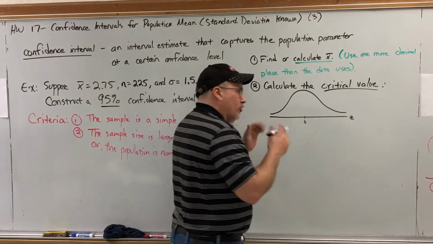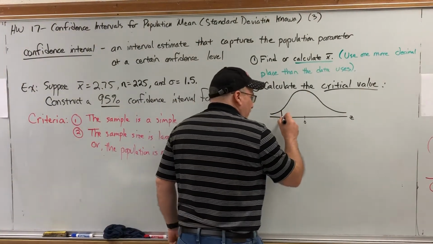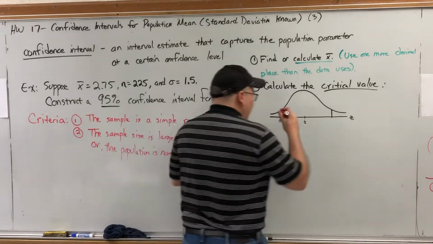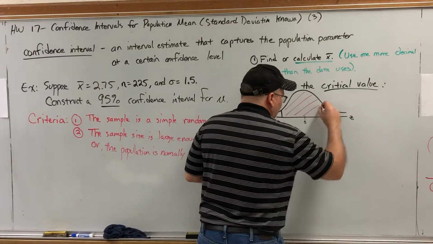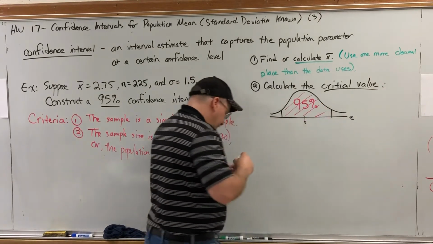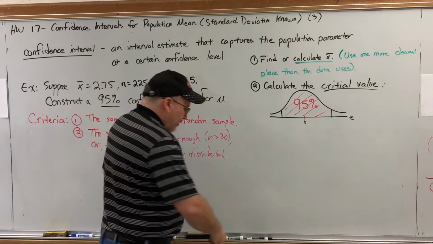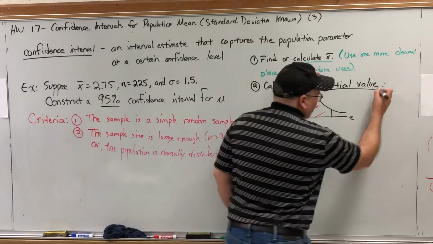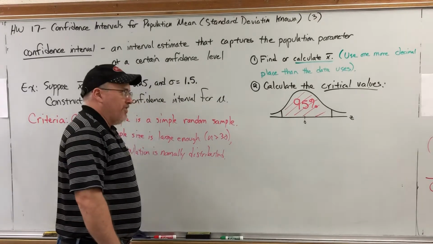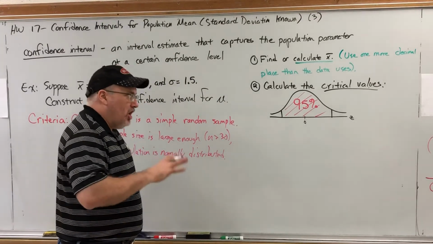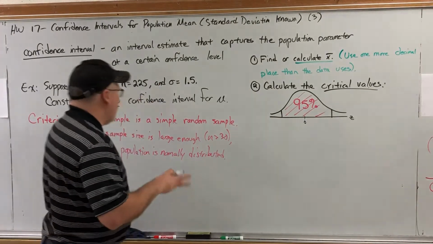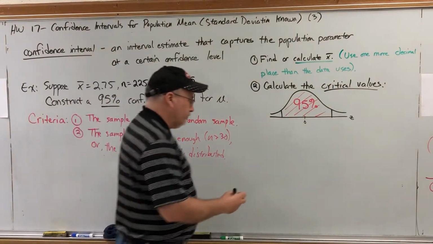So we would cut off 2 equally sized tails, and the confidence level represents that center area. So we have 95% in the middle. The critical value, or actually I should say values, but we're only going to use one of them, are the z-scores that cut off the middle 95%, or whatever the confidence level is.